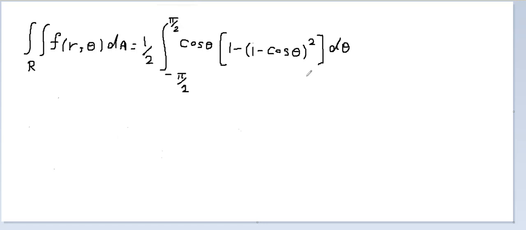Okay, let's continue the calculation. Now we have to solve this integral. For simplicity, let me calculate this term separately here, then we put it in the integral and calculate the integral.